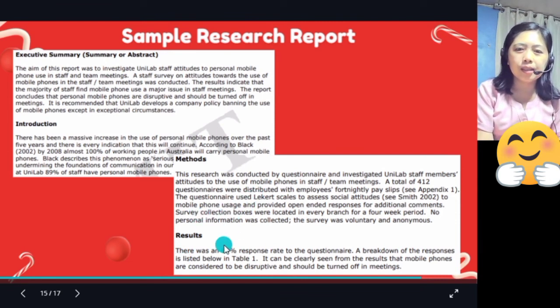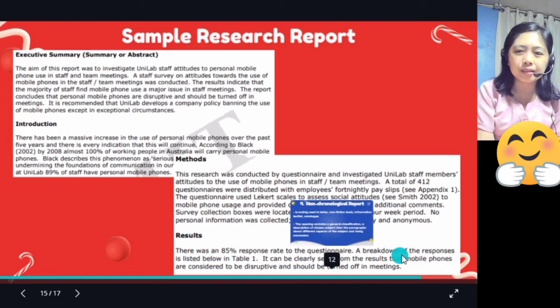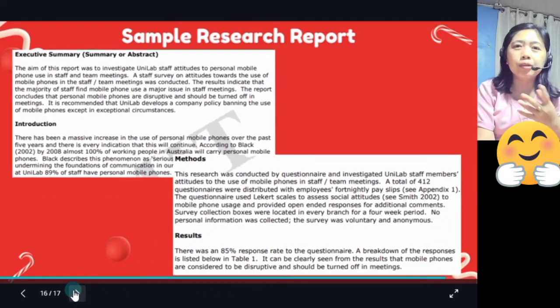Okay. Then, from that method nilang gigamit, they do have the results. There was an 85% response rate to the questionnaire, a breakdown of responses. So, butang og table.